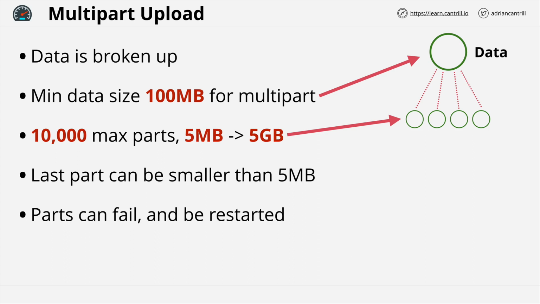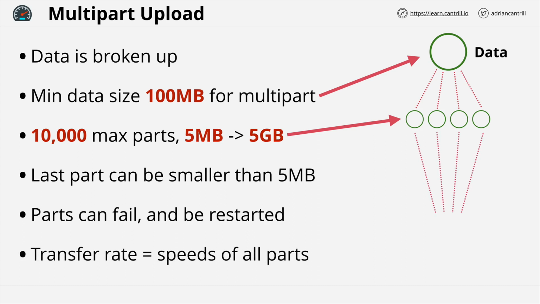But not only that, it means that because we're uploading lots of different individual bits of data, it improves the transfer rate. The transfer rate of the whole upload is the sum of all of the individual parts. So you get much better transfer rates by splitting this original blob of data into smaller individual parts and then uploading them in parallel.